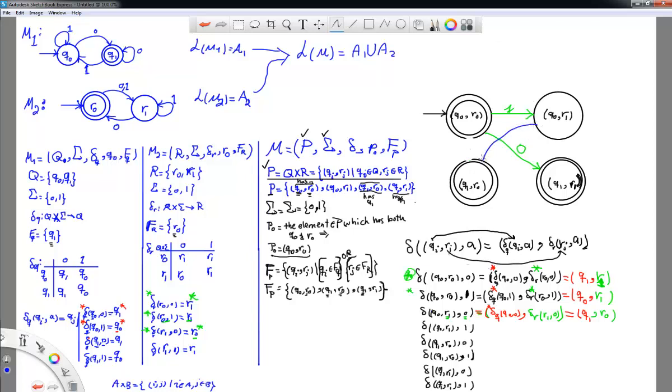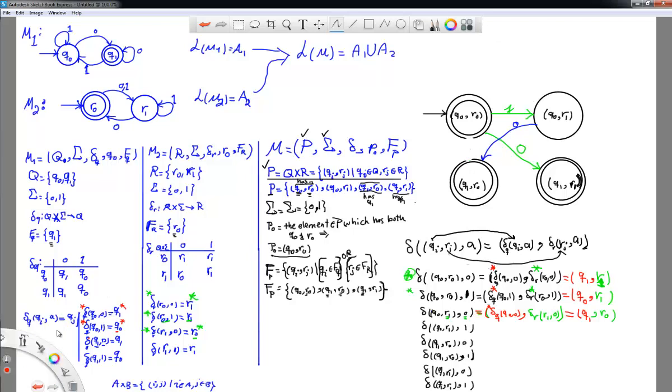So it's going to go here, over 0. So see q sub 0, r sub 1. This upper right corner is going to transition to q sub 1, r sub 0 down the lower left corner over element 1, element 0. We'll have to do it for the element 1 as well.